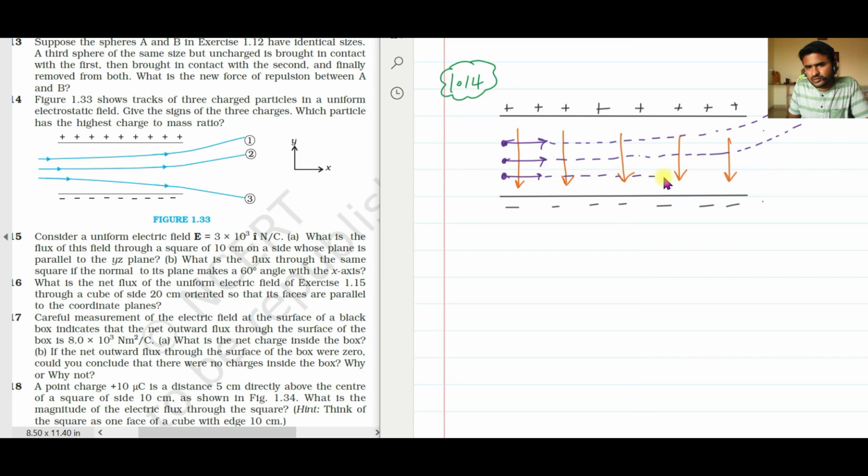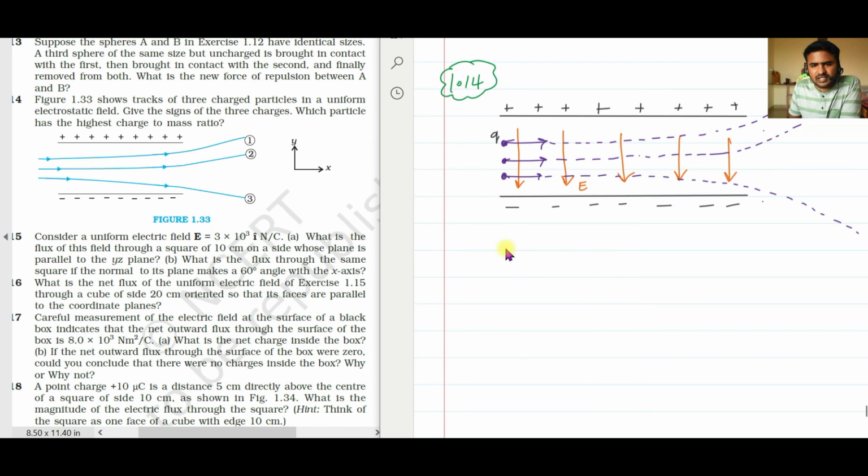Okay, so this is how they are going. All right, so now they are asking us to find out which particle has greater charge to mass ratio. See, let us say the charge is Q here and the electrical field is E here.